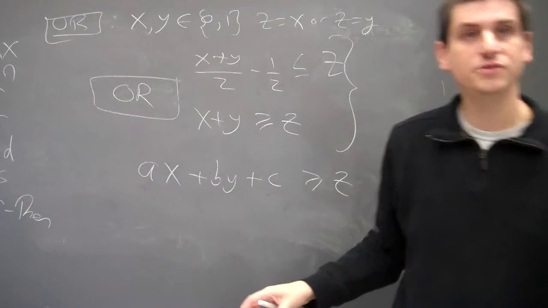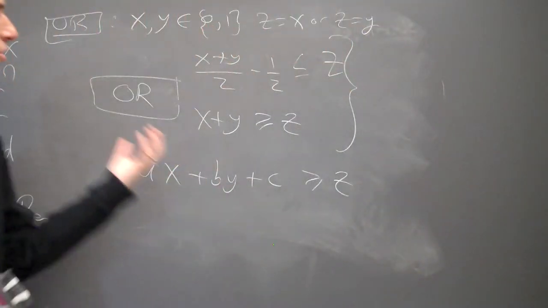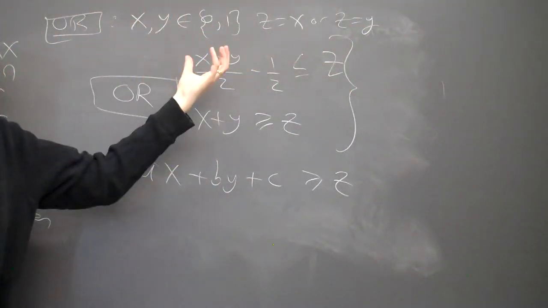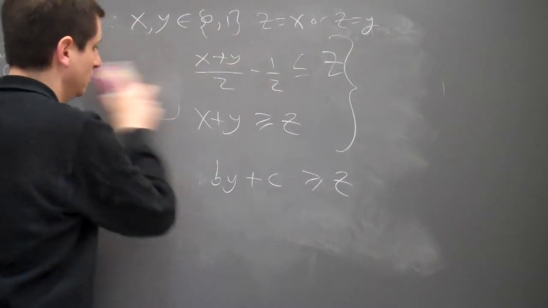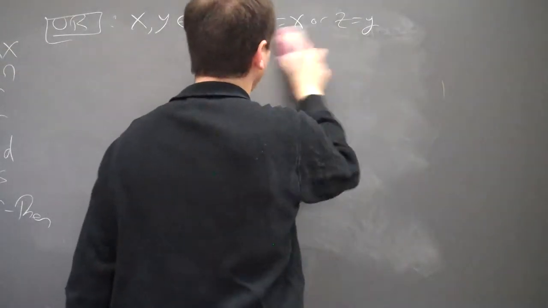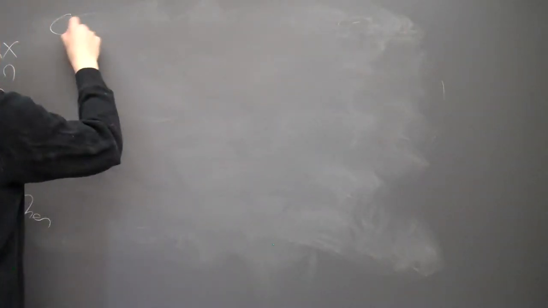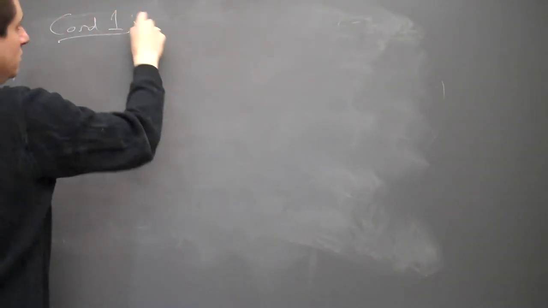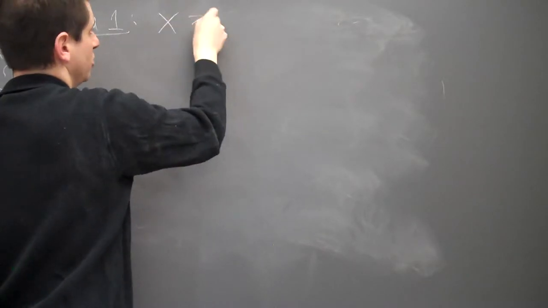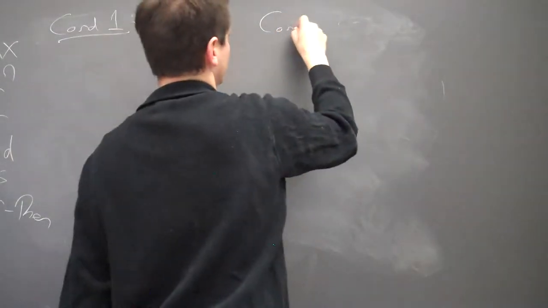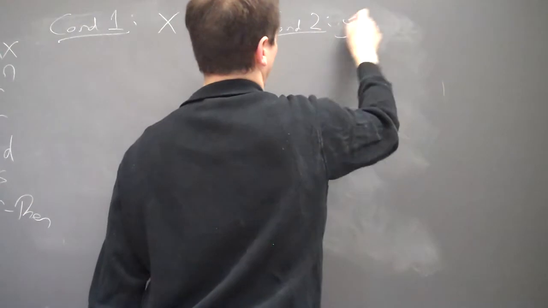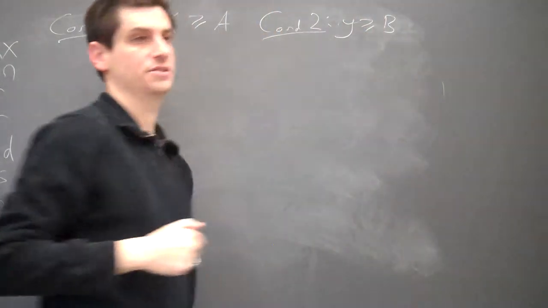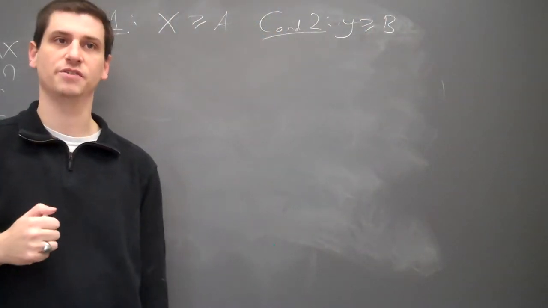So in terms of doing a lot of linear programming problems, we're not going to look just at binary variables. We're going to look at conditions. So you might want to have condition 1, maybe x is greater than or equal to a, and condition 2, y greater than or equal to something like this. And you go through trying to figure out stuff like this.